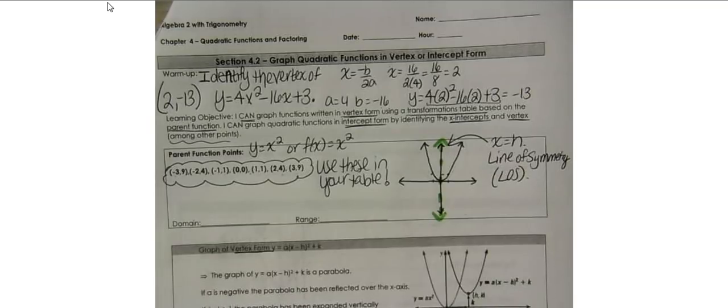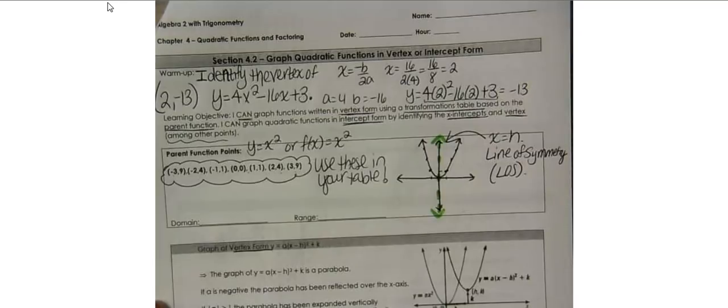These are your ordered pairs. Do you have to use every single one every single time? No, and I'm going to explain in just a moment how many ordered pairs you need. But you should be able to identify those ordered pairs on your graph. The domain is still all real numbers. That means that every single x value can be squared. Every single x value is part of this function. So once again, this symbol means all real numbers.